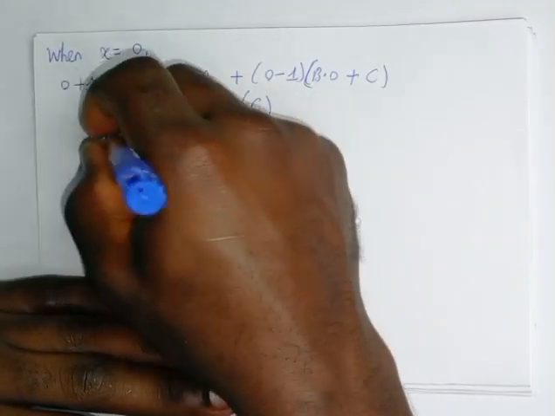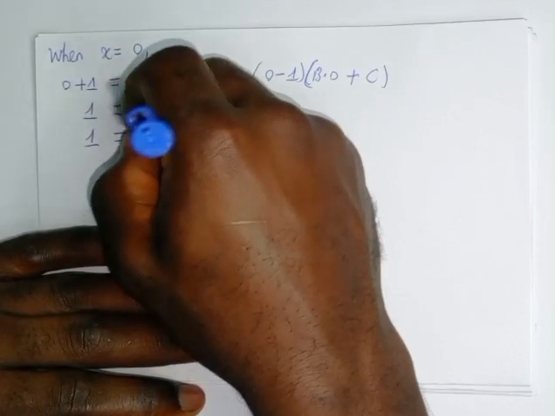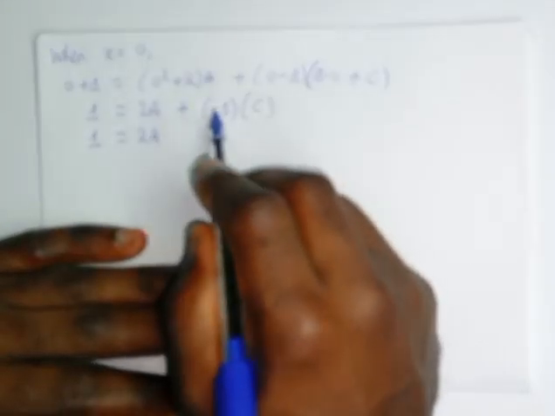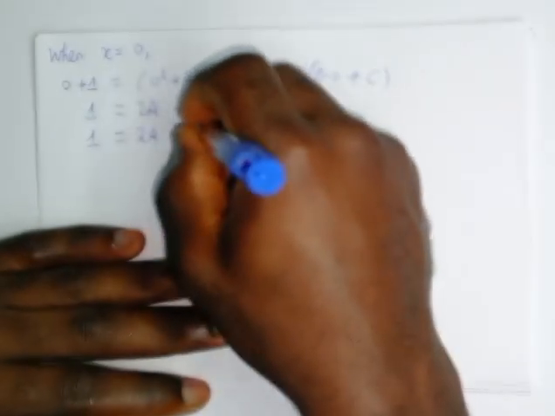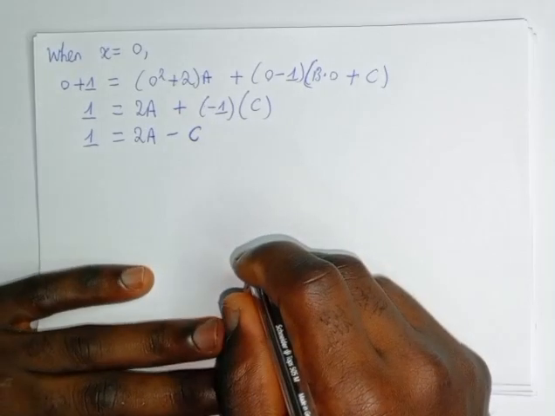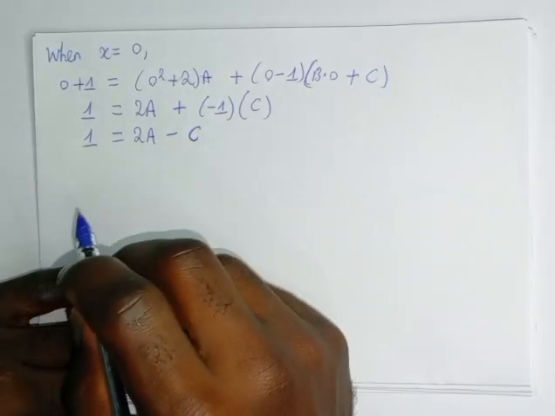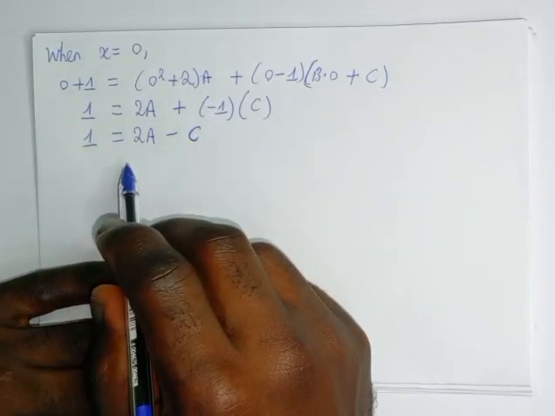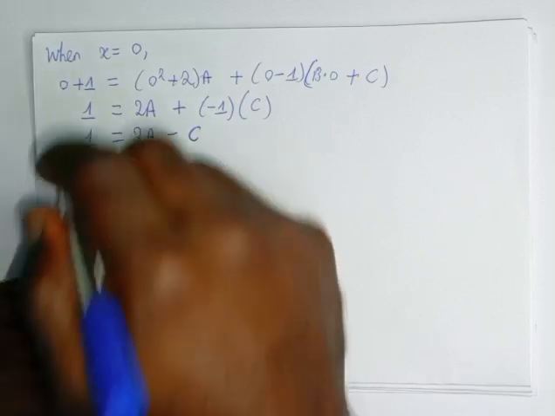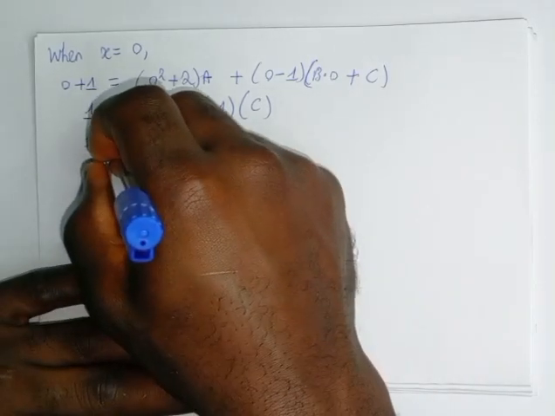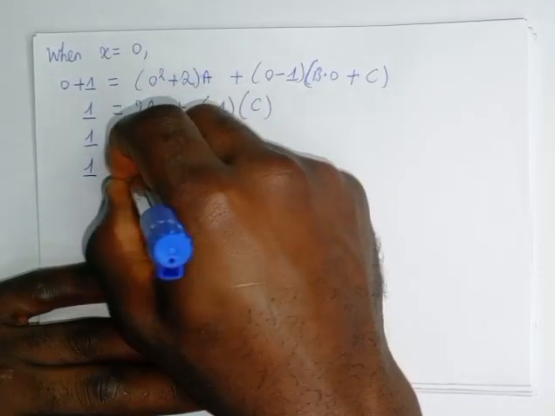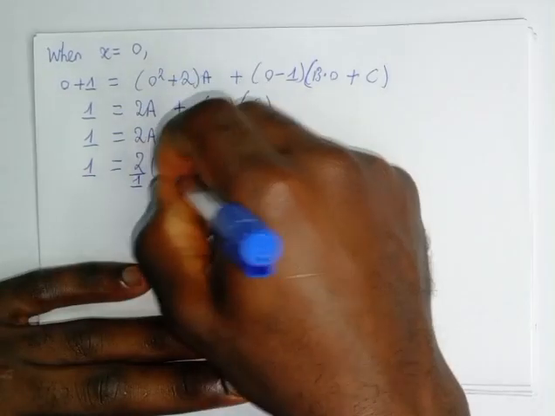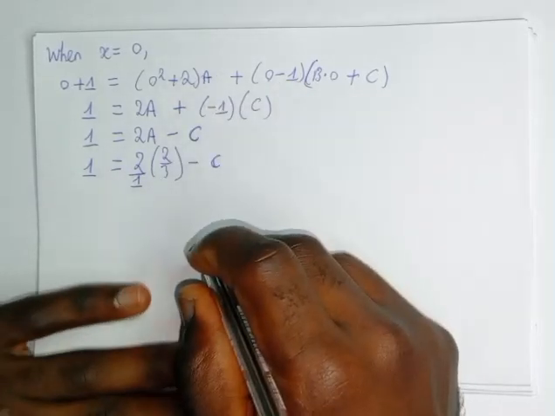This will give us 1 is equal to 2a. Negative 1 times c gives us negative c. So this will give us 2a minus c. Now we can proceed to find c. Since we know the value of a, we know a is equal to 2/3. We are going to replace a with 2/3. This will give us 1 is equal to 2 times 2/3. 2 can be written as 2 over 1 minus c.